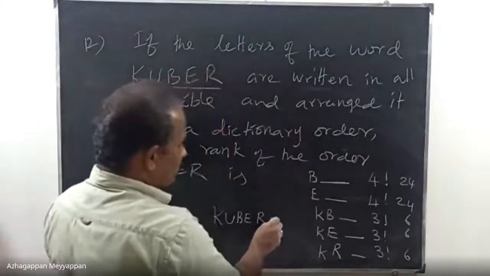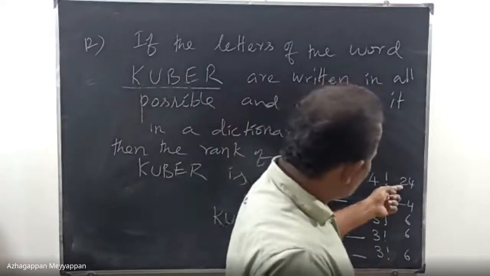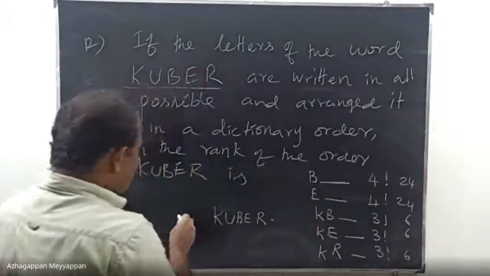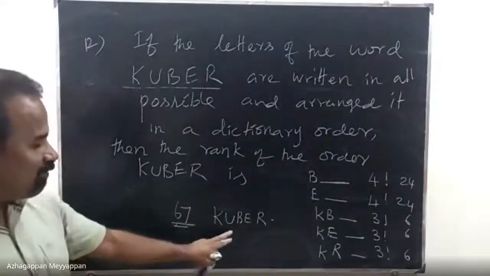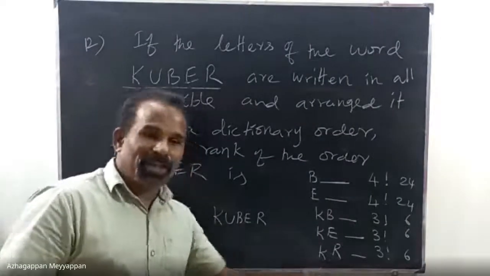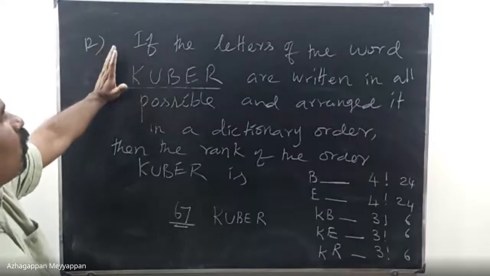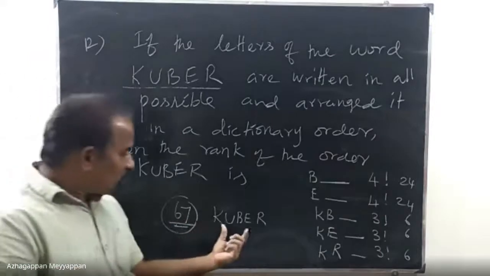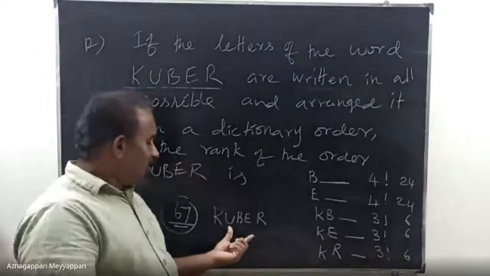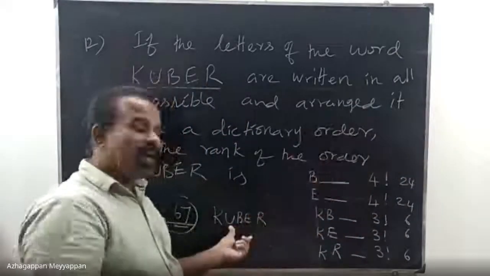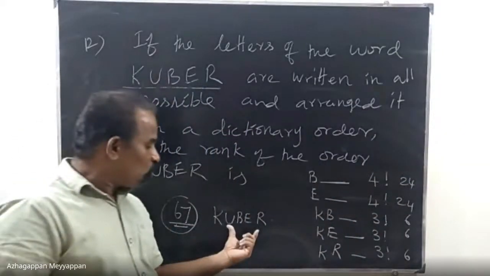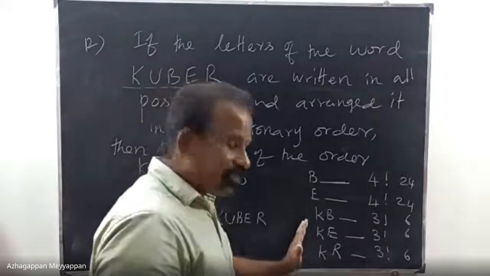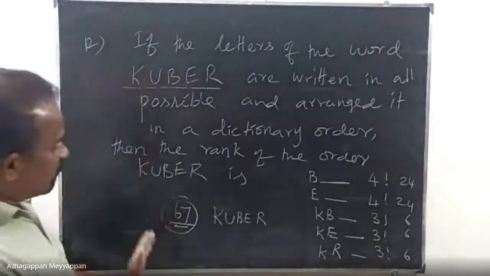So 24 plus 24 is 48, then 54, 60, 66. So this will come in 67th place. Kuber will appear in 67th place. So the rank is 67. Definitely the word Kuber will appear in 67th place, understood? So the answer is 67.